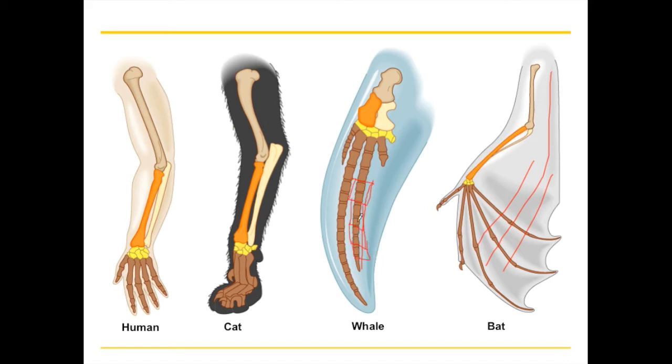Now the question is, how do you actually get to something that looks different than what we have? I mean, these two, the cat and the human, they still look pretty different, but then you have this little tiny one. How do you get something to be so short? Well, it turns out that during development, there are genes that make these bones.